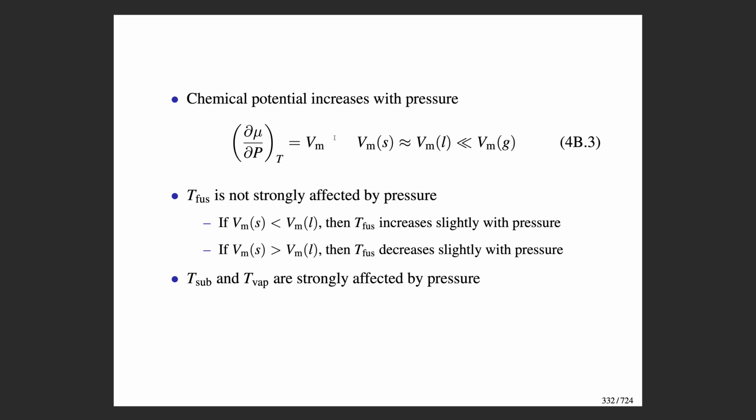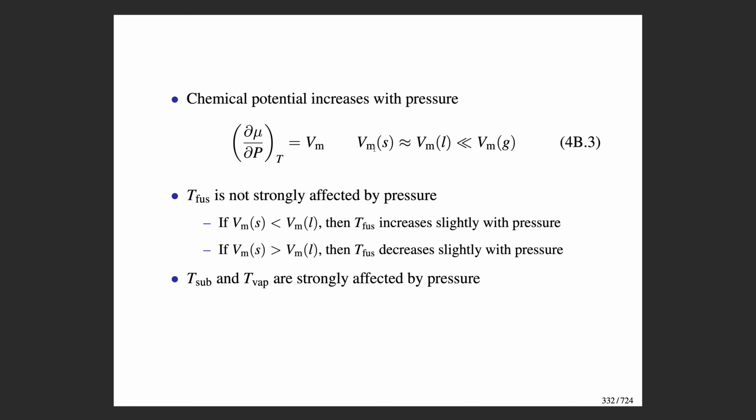And we can couple that with the fact that there's not a very large difference between the molar volume of a solid and a molar volume of a liquid. Sometimes the solid has a larger molar volume. For other substances, the liquid has the larger molar volume. Okay, so here we don't know which one's greater necessarily. Typically, for most compounds, the solid does have a smaller molar volume, but not for all.